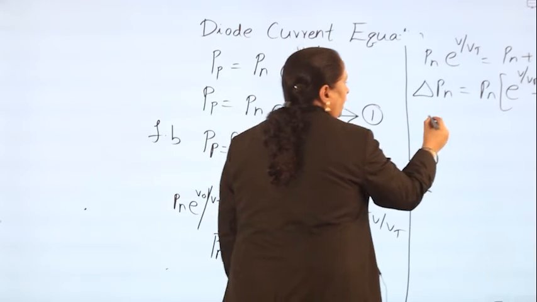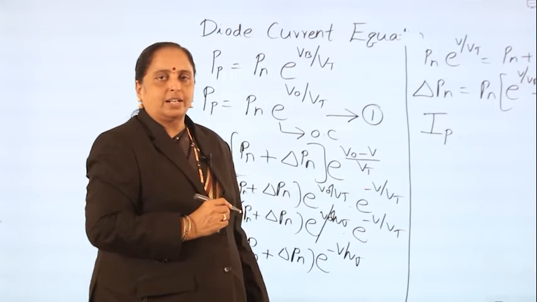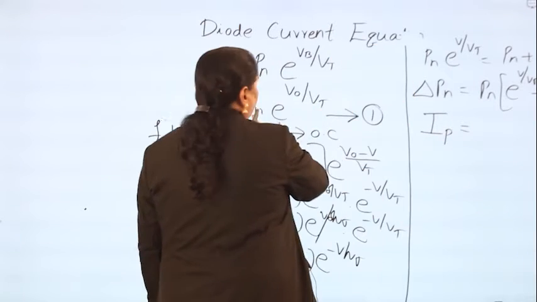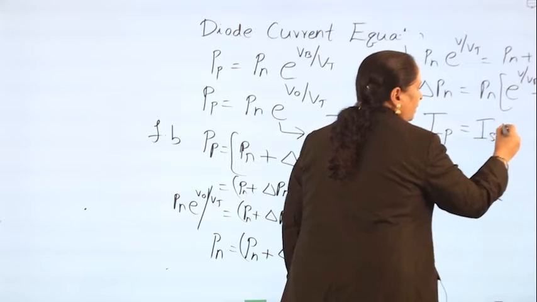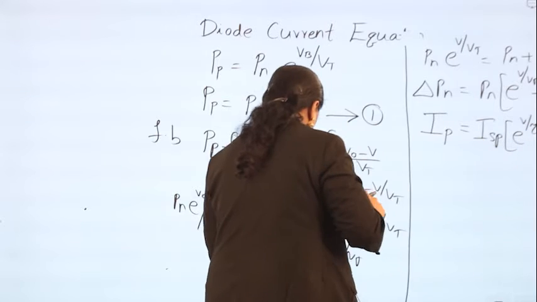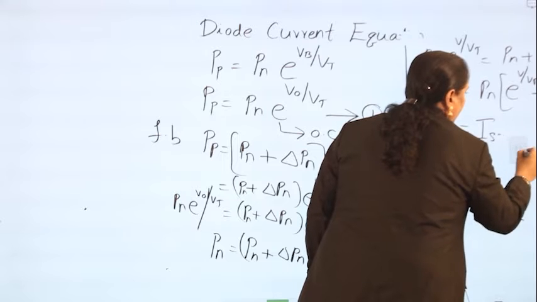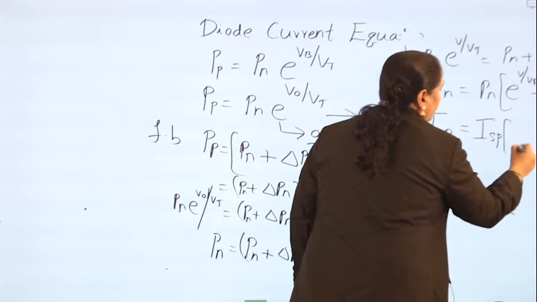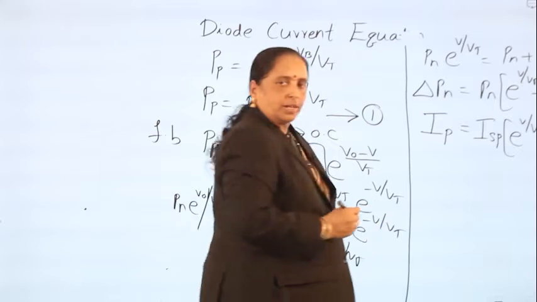So we can call this a hole current because the carriers crossed the barrier and entered into the N region. Again, after substitution of equation number 1 here, finally we can call this the saturated current due to holes, ISP into e power V by Vt minus 1.